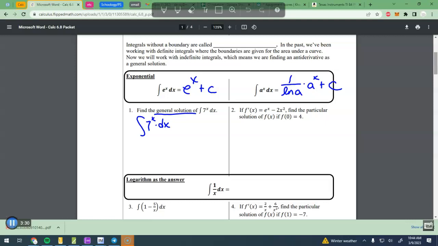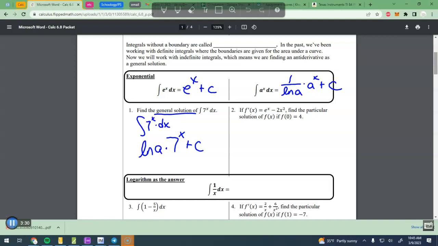So that's this rule. Your a is 7, so your answer is going to be 1 over ln of 7 times 7 to the x plus c. And I could give you information like x and y so you can find out what c is, but I don't have to. Sometimes you will, sometimes you won't. There'll be a couple on the gateway that you have to find c. I'd say most of them you won't.